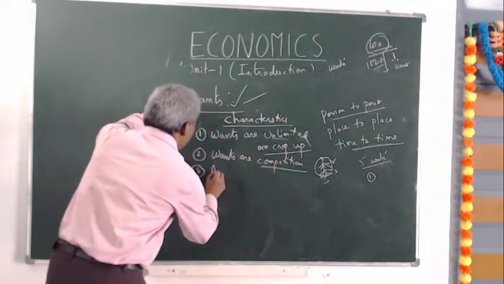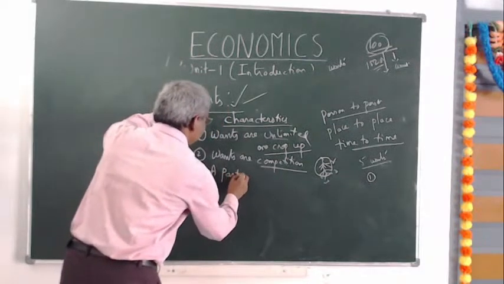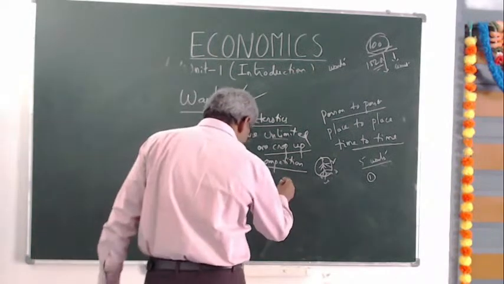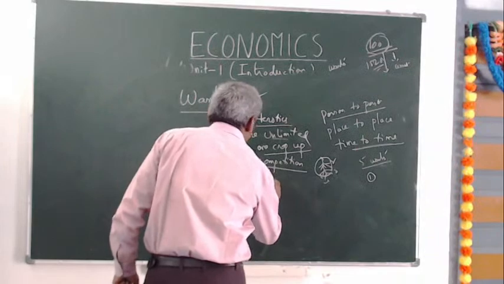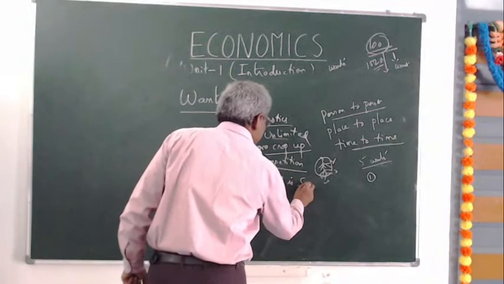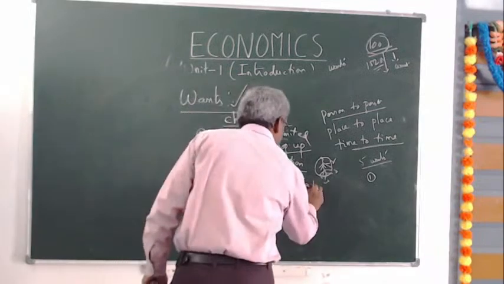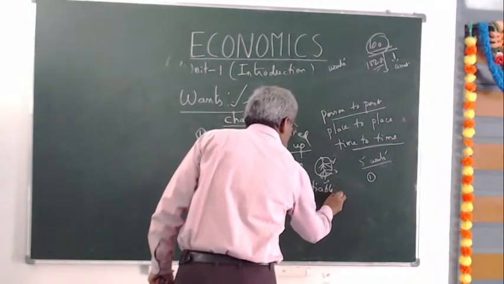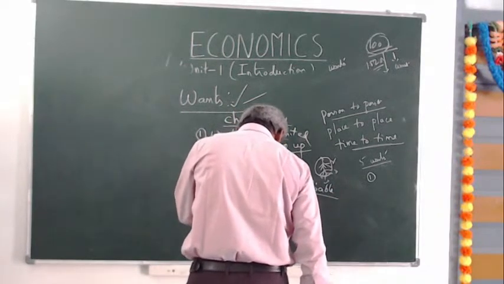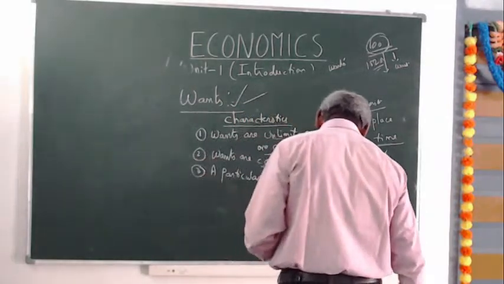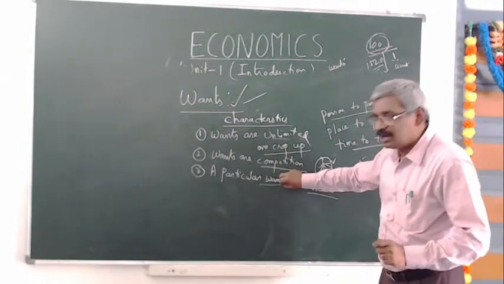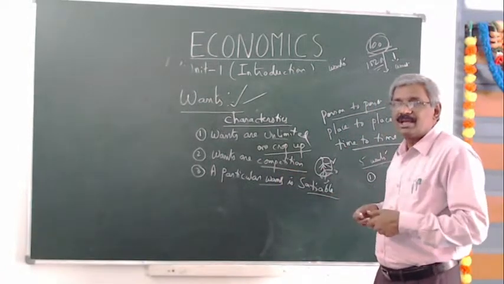The third one: a particular want is satiable. A particular want is satisfied at a point of time.